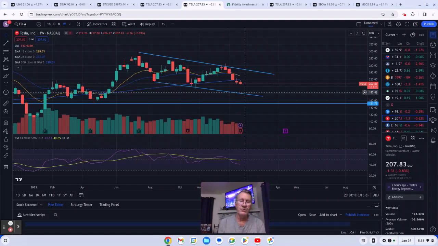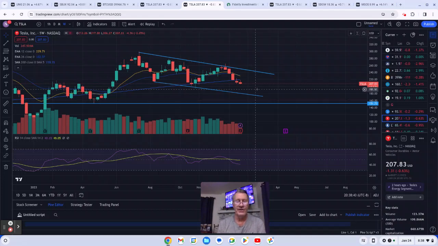So forget about the 200 level. That's already going to be broken tomorrow, most likely. And we're going to probably not hold that little piece of support at 194. And so then there's a big gap between the 194 and this level right here at 152. So I believe we're going to get oversold.